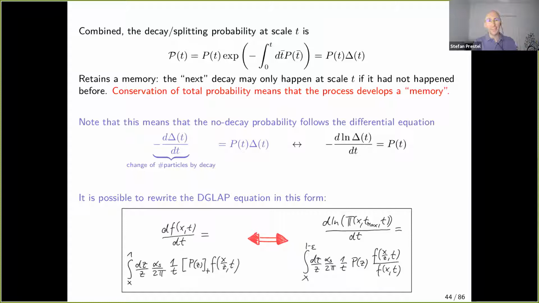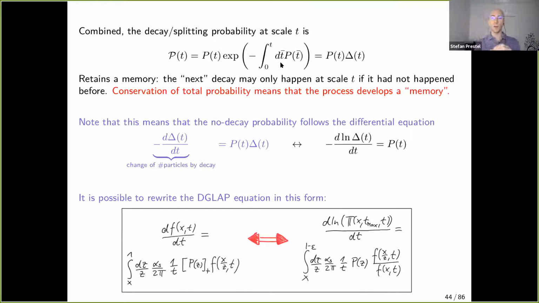Before doing that, coming back to what is then the actual probability of a decay or a splitting of a particle at the scale t. That is the naive probability of the particle splitting, P of t, at a fixed time, times the probability of not having split in any small interval before the scale t, which is given by this exponential Sudakov factor here.